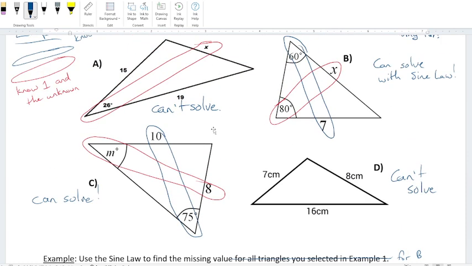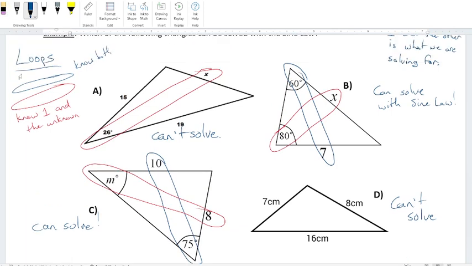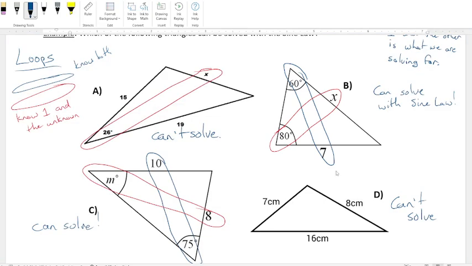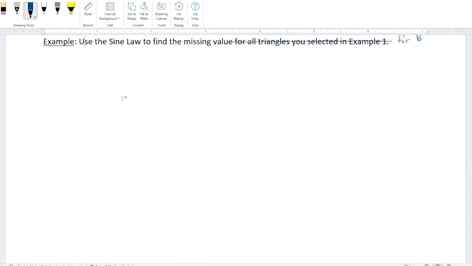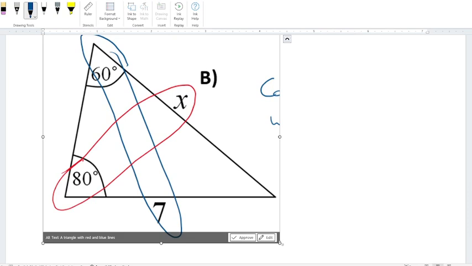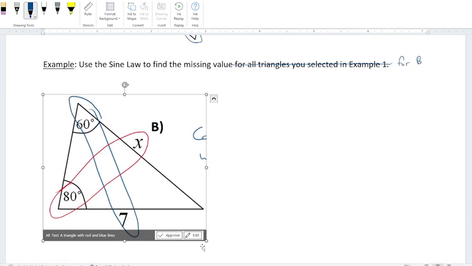Alright. So let's snip that. Get another copy of it so we can see. We got a little extra scribble there, but that's fine. Alright.